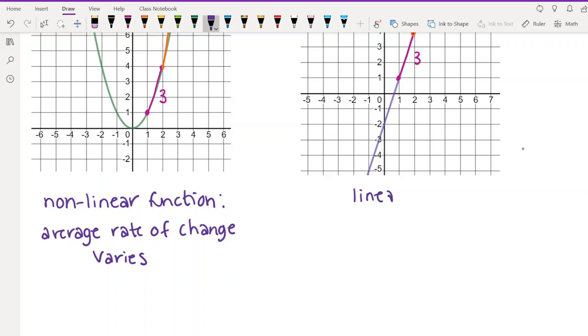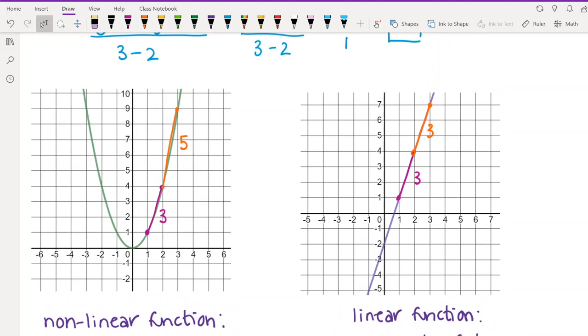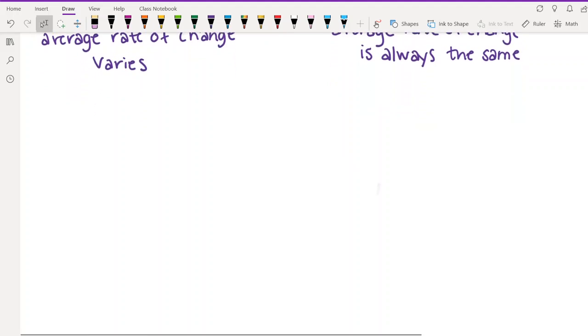Whereas for a linear function, no matter what points you pick, the average rate of change is always the same. And so that's how I want you to think of linear functions. That's what I think is a really good definition for a linear function. A linear function is a function where no matter what points you pick on the graph, the average rate of change between those points is always going to be the same. So I want to write that down below here.